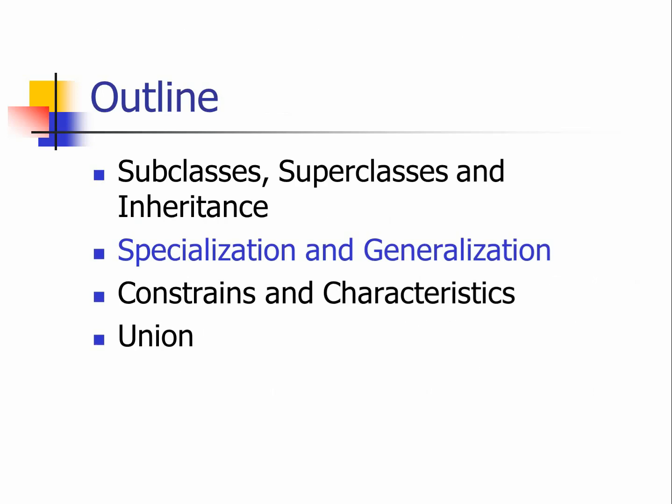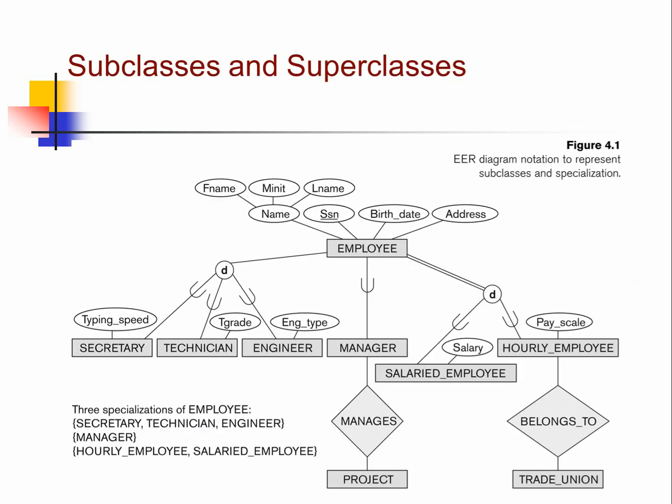So if we look into the slides one more time, if I ask you what are the attributes describing the secretary, the attributes describing the secretary will include the local attribute that only exists in the subclass, which is typing speed, plus name, social security number, birthday, and address.